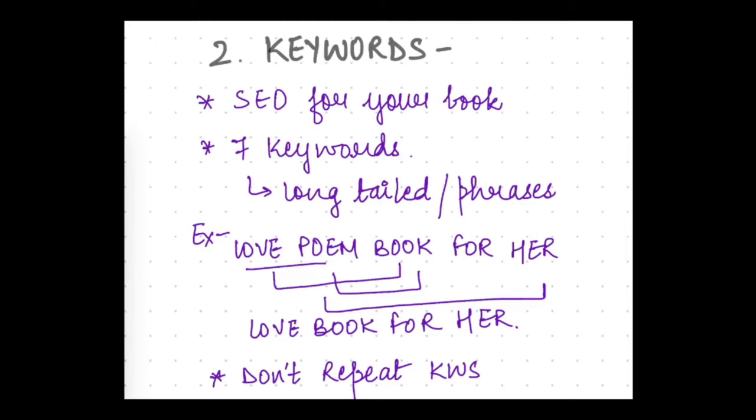Having said that, some important points here to mention are that when we are saying that you don't repeat these keywords, you should not use your book title, your subtitle of the book, or your name as well in your keywords, because that is something which Amazon already considers while forming or while taking all these keywords together. That's something that Amazon's algorithm already works on. So don't include and waste that space in your keywords as well.